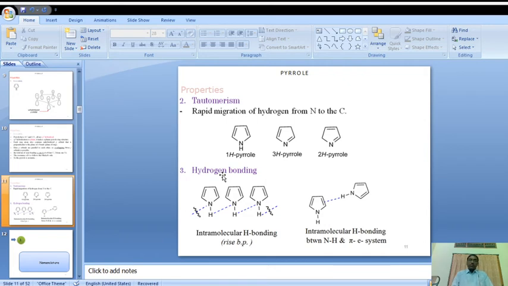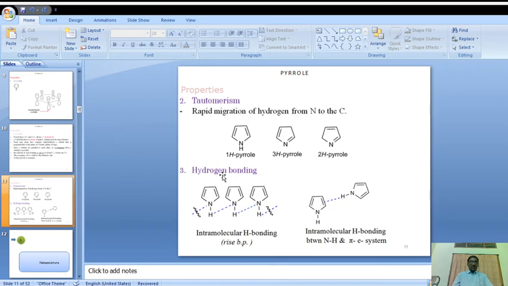Now let us go to the last structure, named 2H pyrrole. In 2H pyrrole, what happened? Same situation. When we compare with the original structure of pyrrole, the hydrogen atom is shifted to the second carbon, so we get 2H pyrrole.